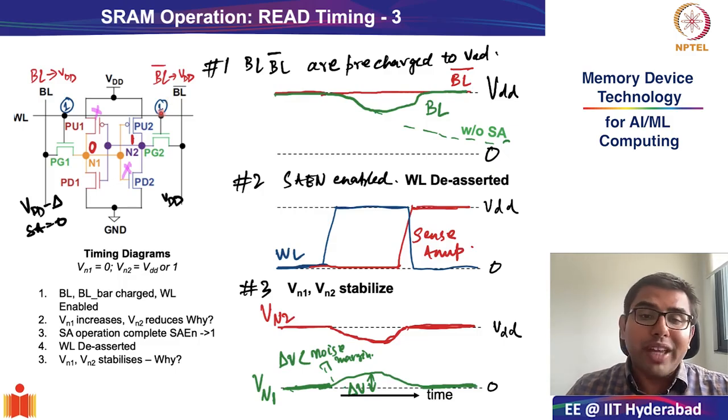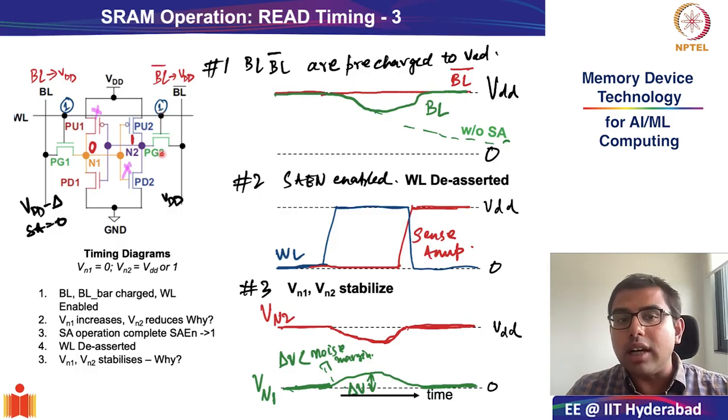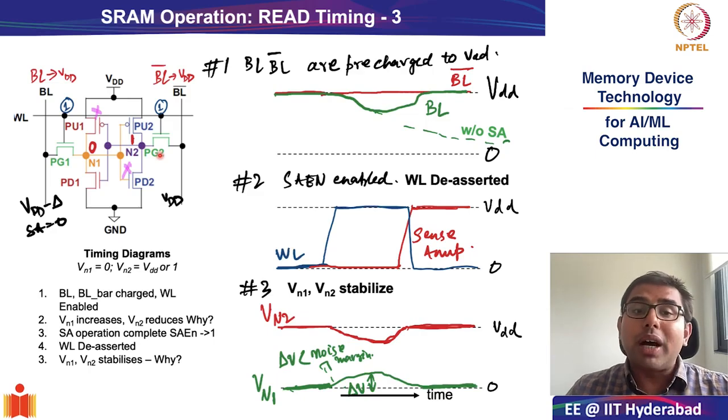And if this delta V is greater than VTH, then there is a significant chance that even the pass gate transistor will turn on. And if it does, there could be, for a very small momentary time, some leakage current which can flow through this PG2 transistor.